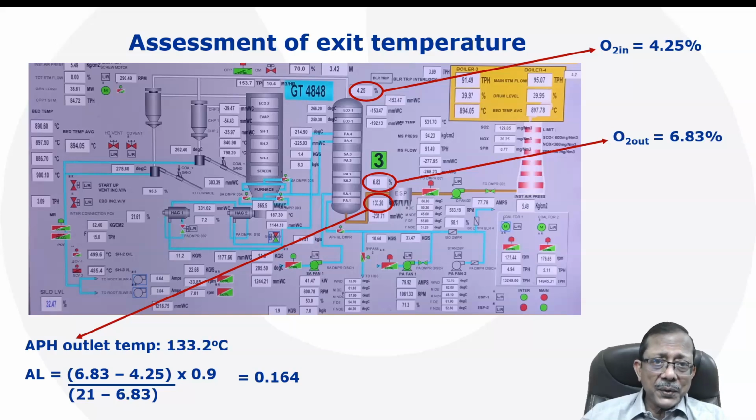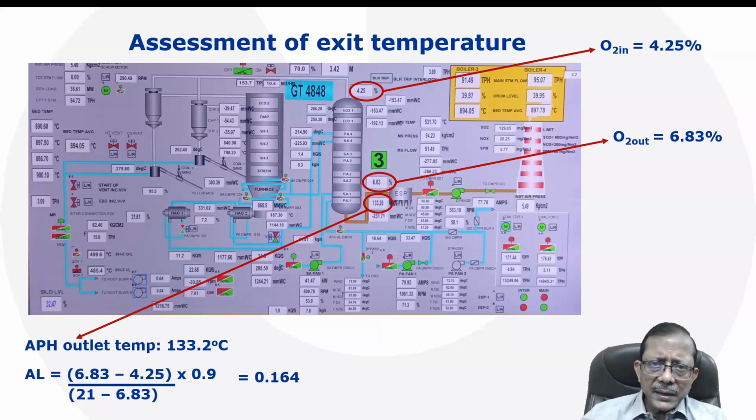Yes, if it is an RAPH, rotary air preheater, I can understand 10 to 11% is a design leakage, right? If it is exceeding 15% leakage, then even for RAPH, it is a factor which should be looked into. But for a tubular air preheater, this is pretty serious, 16.4% leakage.